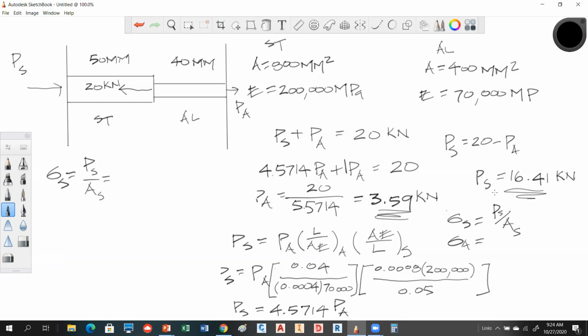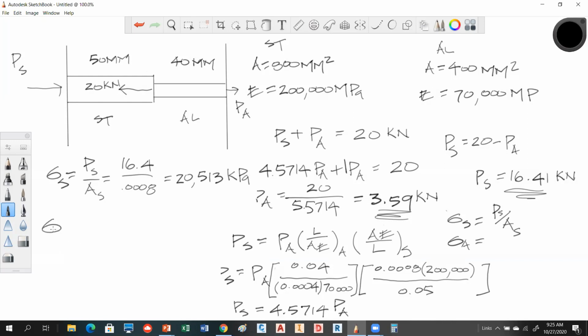So the force in the steel we said was 16.4 kilonewtons, and the steel has an area of 0.0008. So we get 20,513. That would be kilonewtons per meter squared, so that would be a kilopascal.